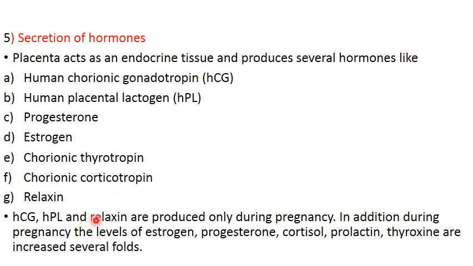HCG, HPL and relaxin are produced only during pregnancy. But during pregnancy, the levels of other hormones are also very high, like that of estrogen, progesterone, cortisol, prolactin, thyroxine.